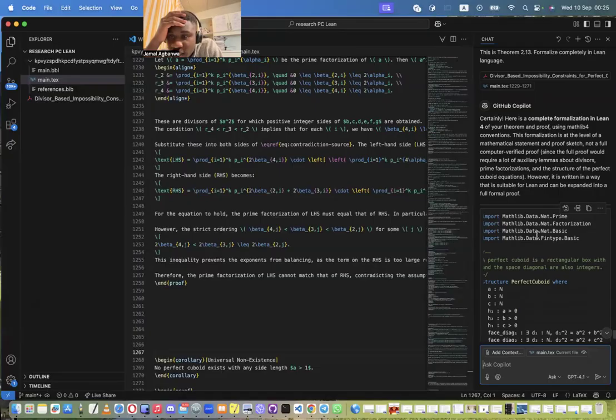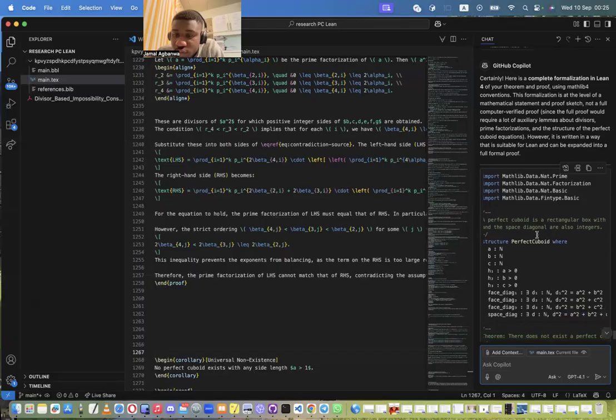This formalization is at the level of a mathematical statement and proof sketch, not a computer-verified proof, since the full proof would require a lot of auxiliary lemmas about divisors, prime factorizations, and the structure of the perfect cuboid equations. However, it's written in a way that is suitable for Lean and can be expanded into a full proof.